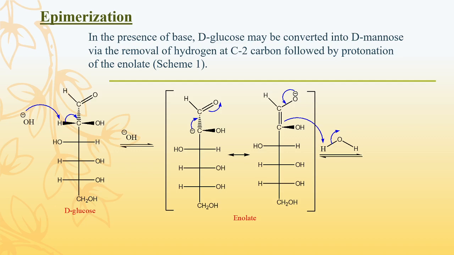Therefore we get two types of product. Initially in D-glucose this hydrogen is present on this side, but in D-mannose this hydrogen is on this side.